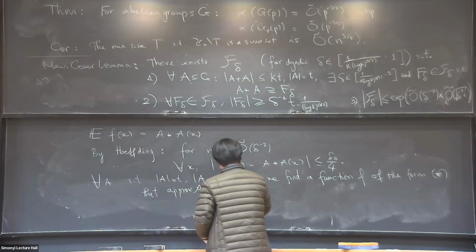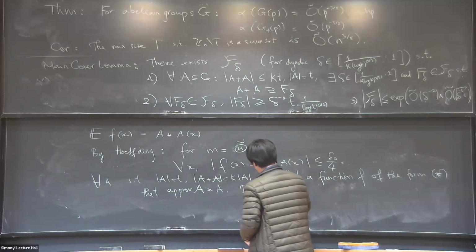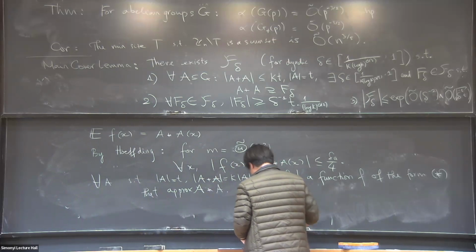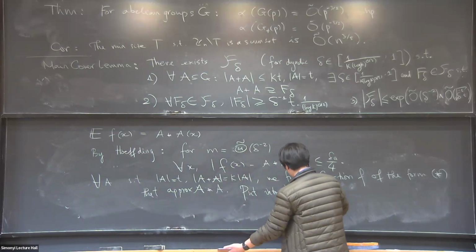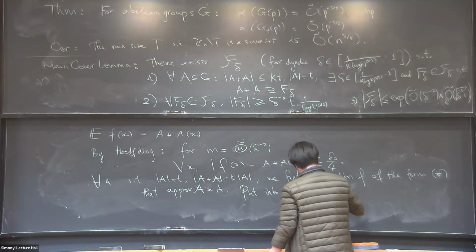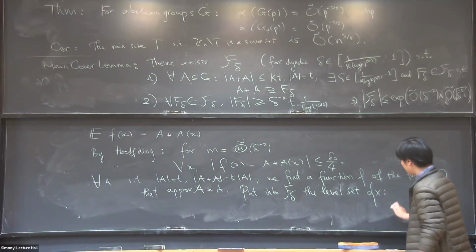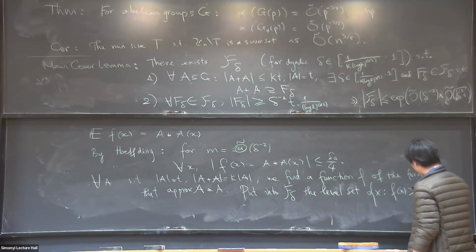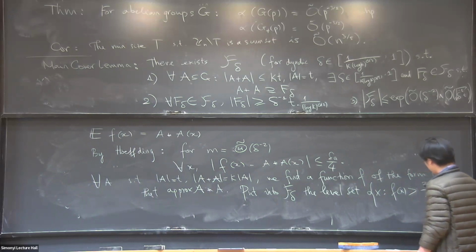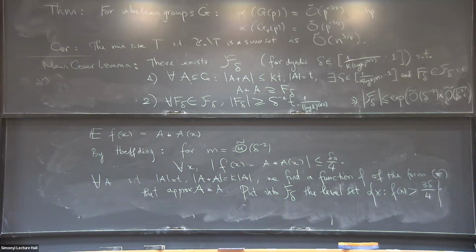Now we will put into our cover F delta the level set of x where f of x is larger than 3 delta over 4.